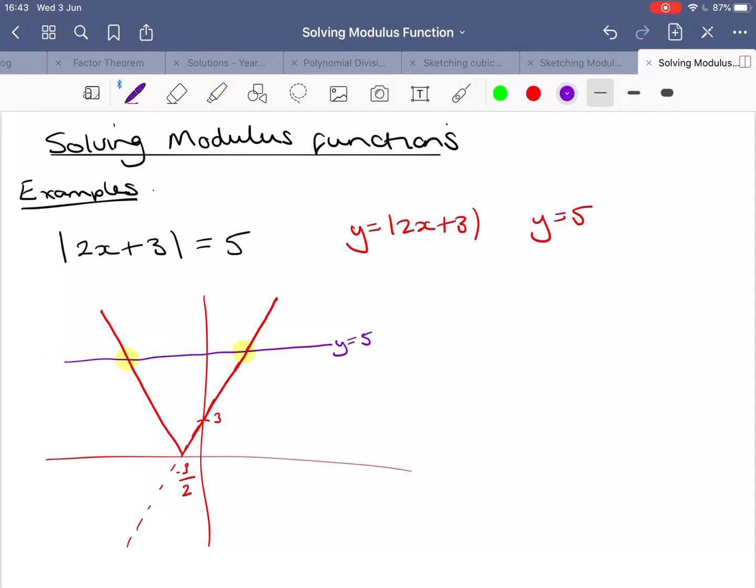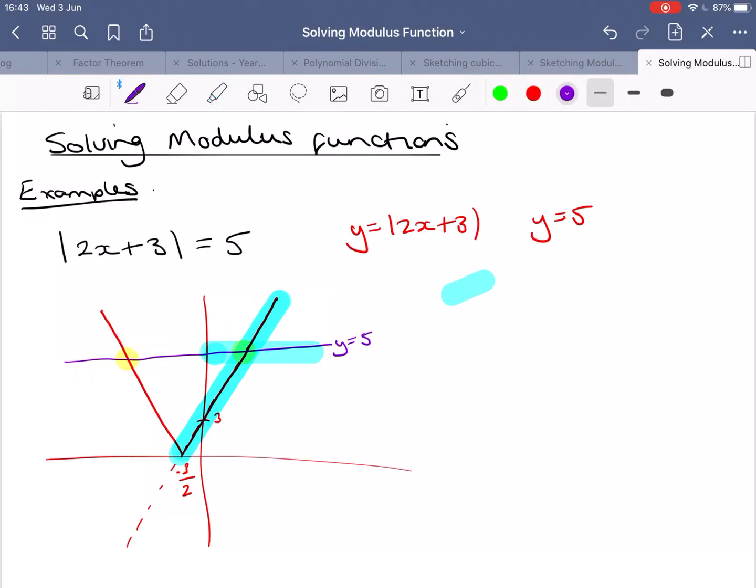Now, how are we going to solve this? Well, if I think about the two different sections of this line, the first one that I'm thinking about is this line here. I want to find where this line crosses the line y equals 5. Well, the equation of this line is just the line y equals 2x plus 3.